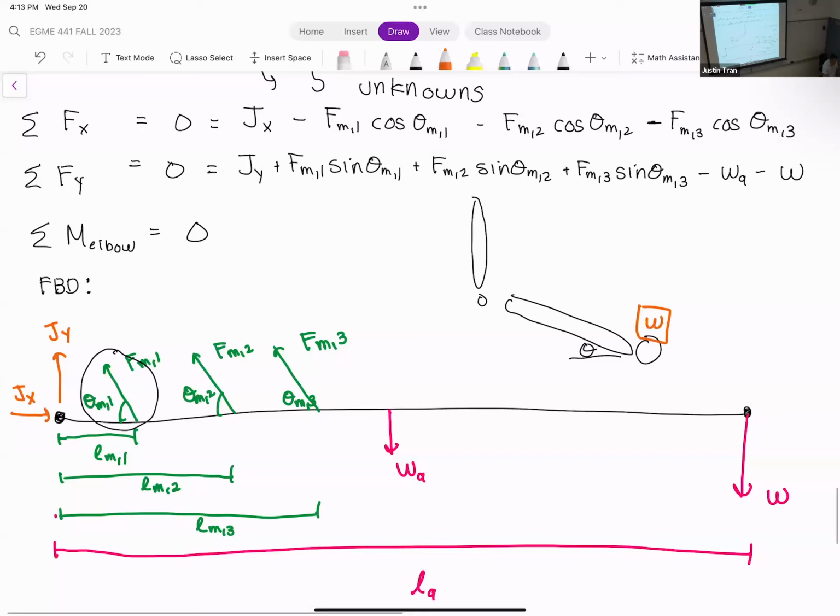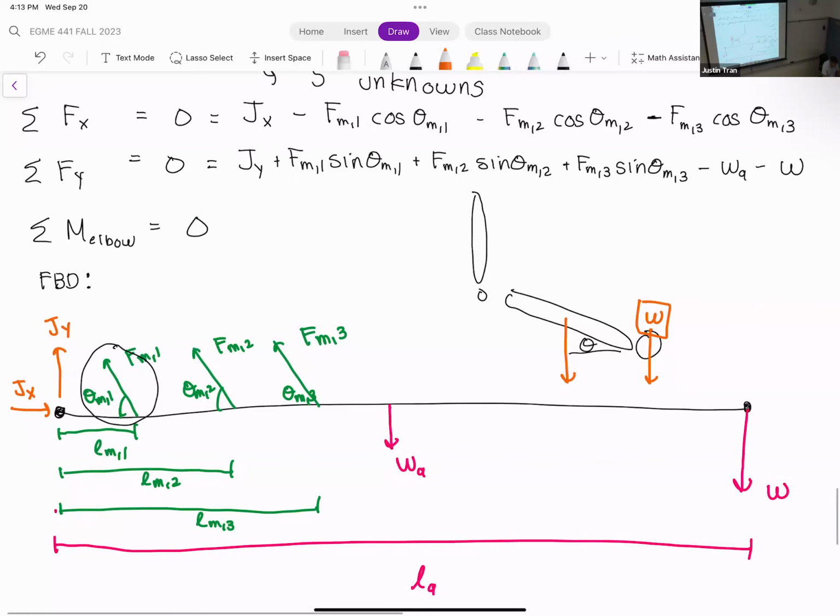We had the weight of an object that's being held in the hand, and we had the weight of the arm itself. But even though the elbow is bent here, we assume that the weights are pointing vertically downwards. That's the direction. Because I think the tempting thing to do here is that you might say that the weight is acting perpendicular to the arm itself, and so you might put the weight in that direction.